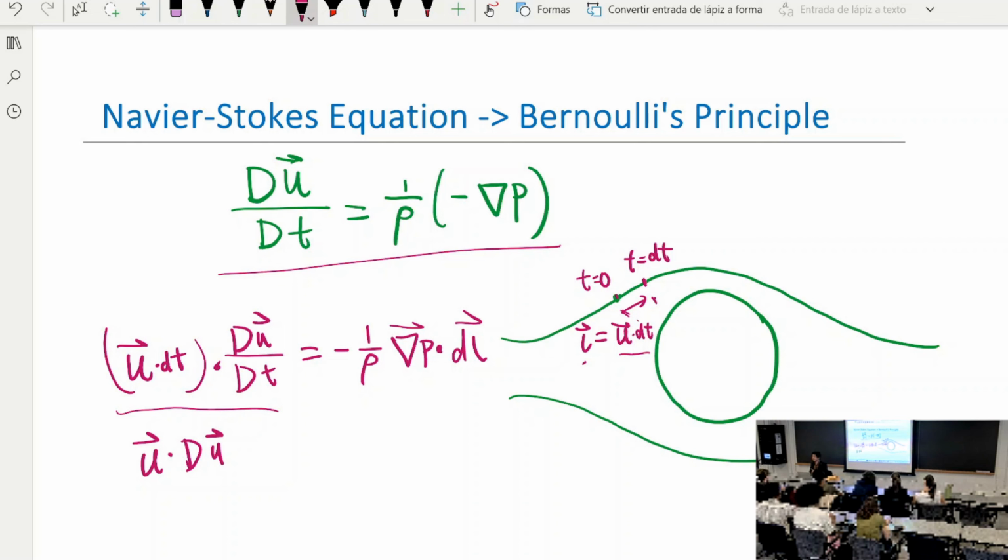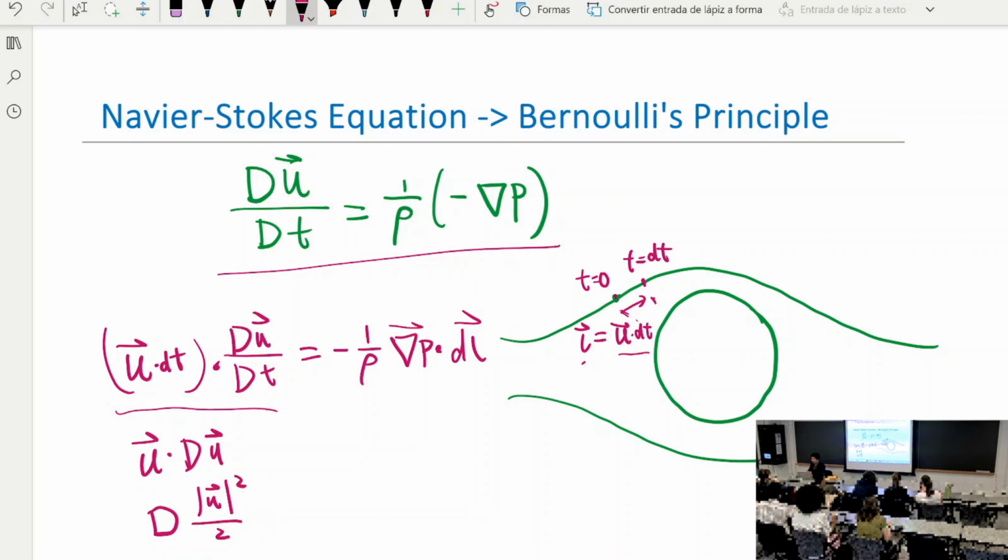Anybody know what this can simplify to? Yes? D what? No, du means the changing velocity. Half u squared. Yes, it's the delta of 1/2 u squared.